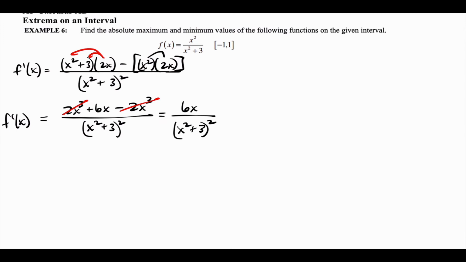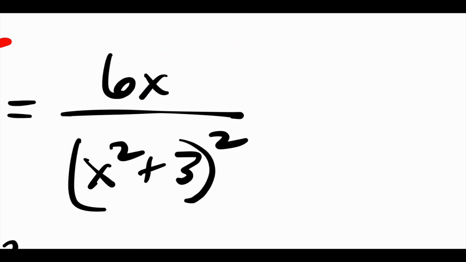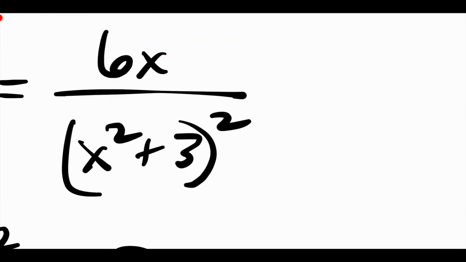The numerator. So we're going to set the numerator equal to 0. And then for it not to exist, the denominator would equal 0.